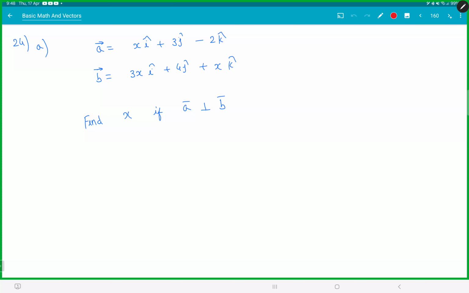Okay, we have one answer. Oh, we have got minus 12. Anyone else got something? Just get the dot product and do equal to 0.